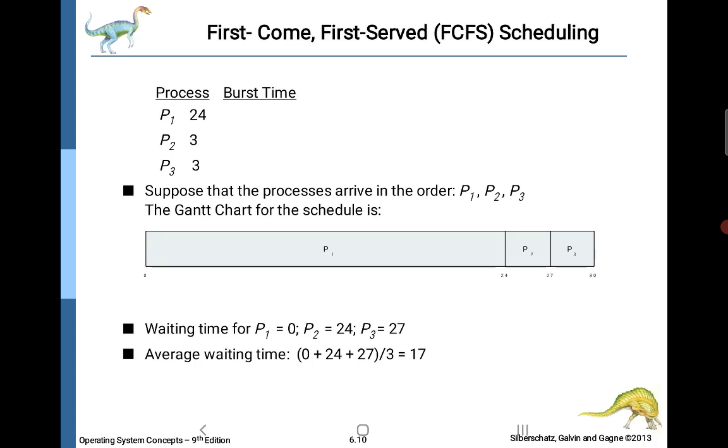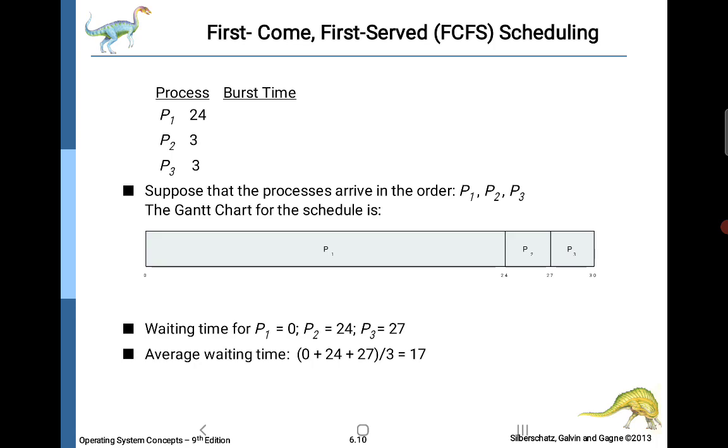Clearly, first come, first served is a non-preemptive algorithm. If we look at waiting time, P1 waiting time was 0, P2 was the time that P1 needed to execute, which was 24. P3 will wait for both processes to execute. That made its waiting time 27.